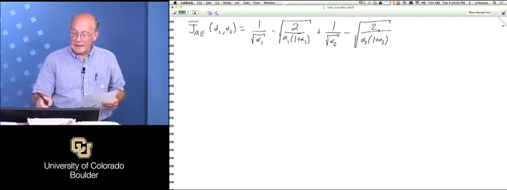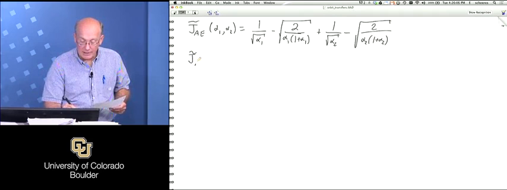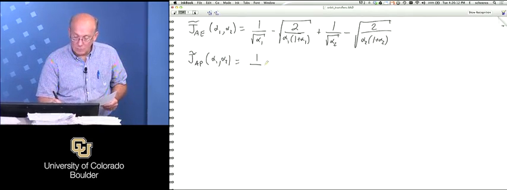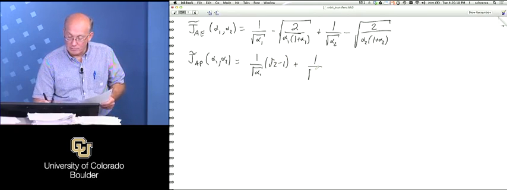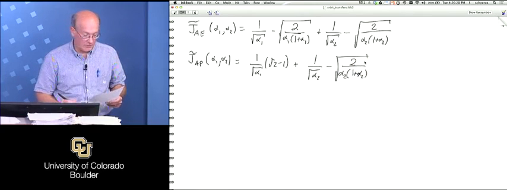So very symmetric in alpha 1 and in alpha 2. The parabolic cost is equal to 1 over root alpha 1, root 2 minus 1, plus 1 over root alpha 2 minus the same guy, 2 over alpha 2, 1 plus alpha 2, close this.